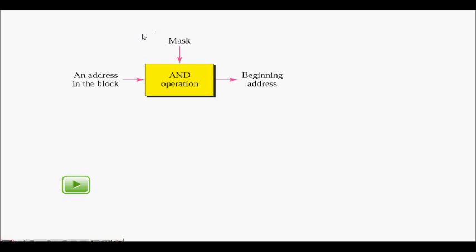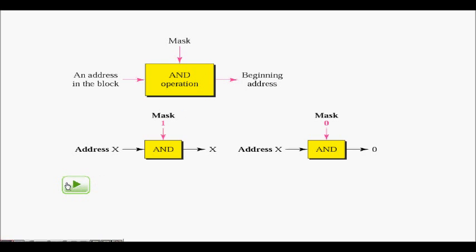Now let's look at the network mask, which will help us find the network ID. You have an address in the block, you do the AND operation with the mask, and you will get the address of the network.